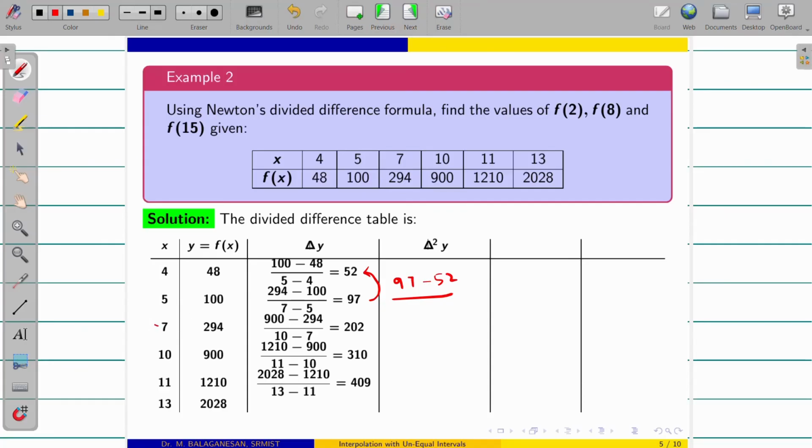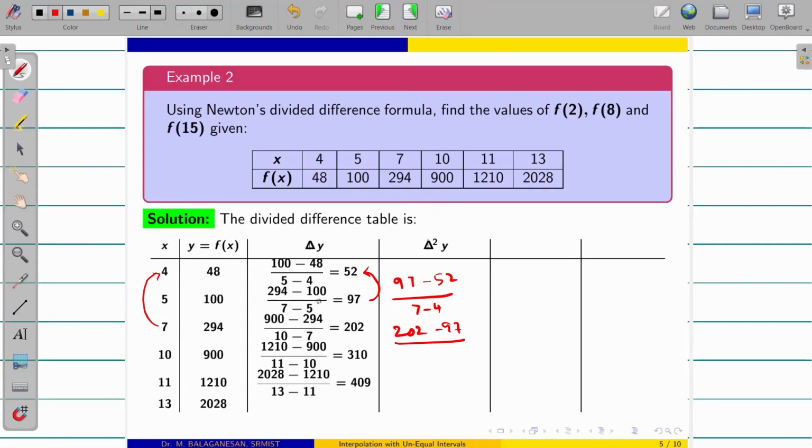So you have to go through from here to there. What will be 7 minus 4? Similarly, for the next one, 202 minus 97 divided by what do I have to take? 10 minus 5, or whether it is 7 minus 4? That way you'll get confused. You need not get confused here.